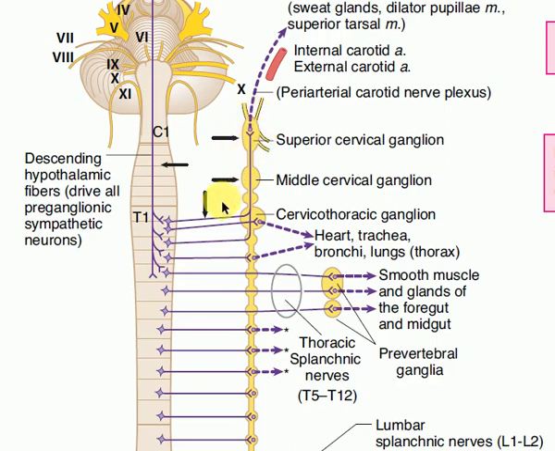They will reach there and then ascend upwards and reach the respective ganglion, where they will synapse. When they synapse, the postganglionic neurons hop onto their respective spinal nerves, and then innervate the target organs, such as the sweat glands.